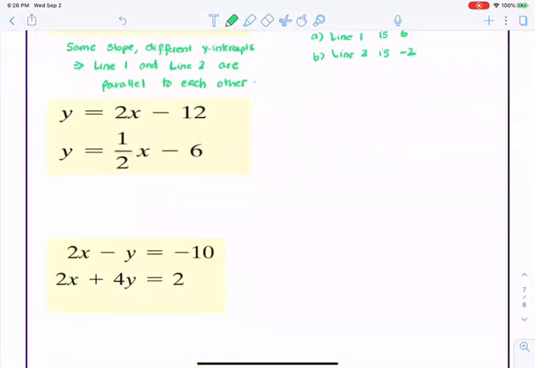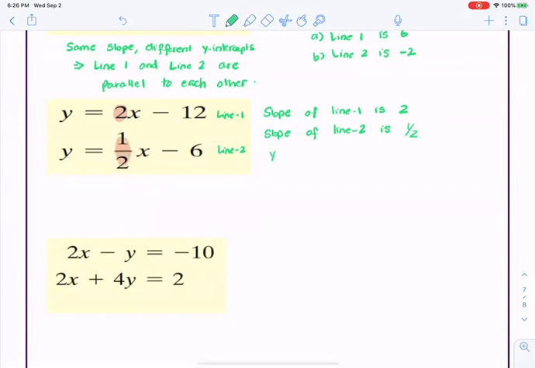In the next problem, we have y equals 2x minus 12 and y equals 1/2 x minus 6. So I'll call that line 1, line 2. The slope of line 1 is 2, which is right here. The slope of line 2 is 1/2, which is right there.